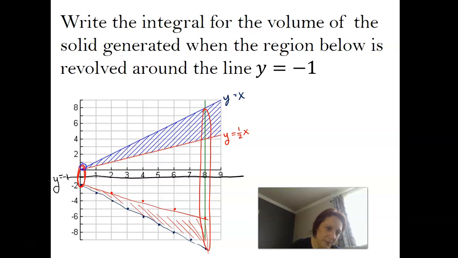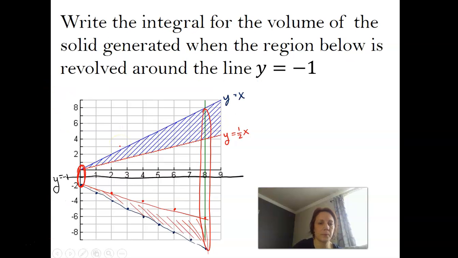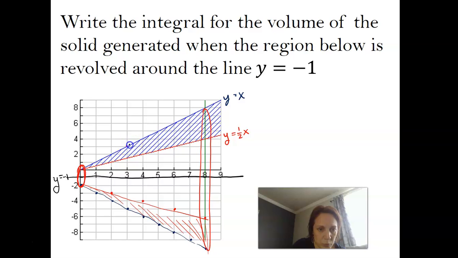I see like a cheerleader's megaphone here. So if you're looking at just a slice, let's say I came in right here and drew a slice. You'll notice this part's going to be solid, but you're also going to have a hole in the middle there.